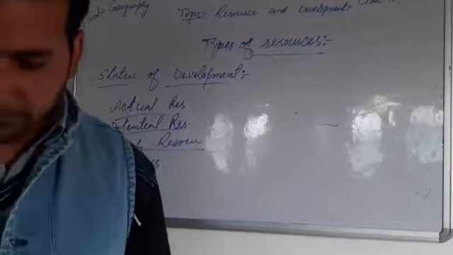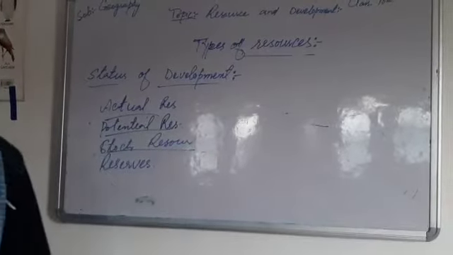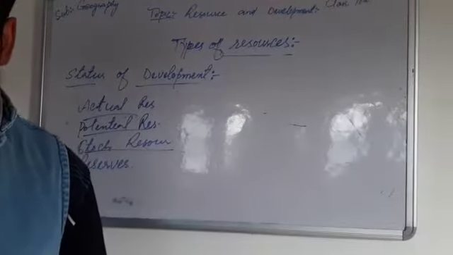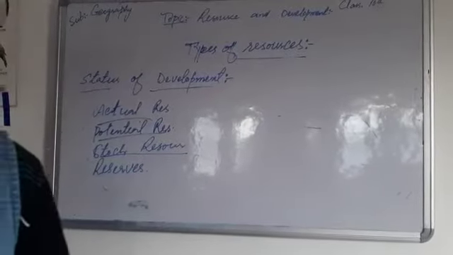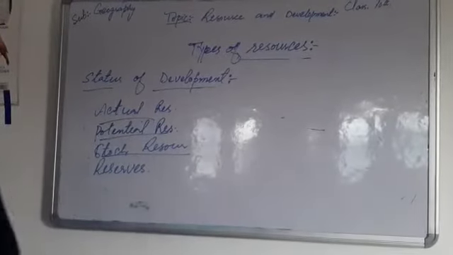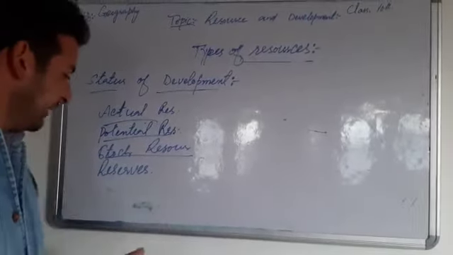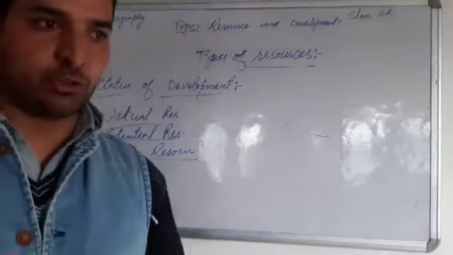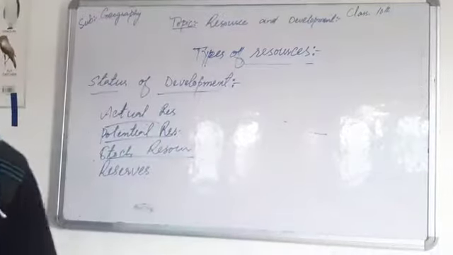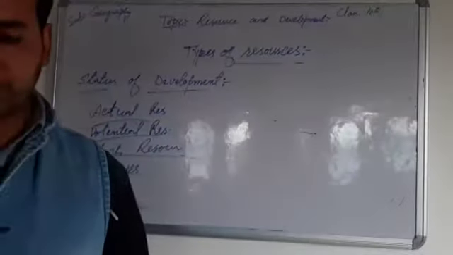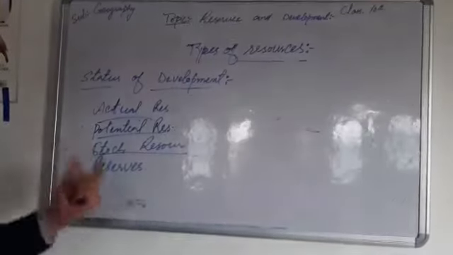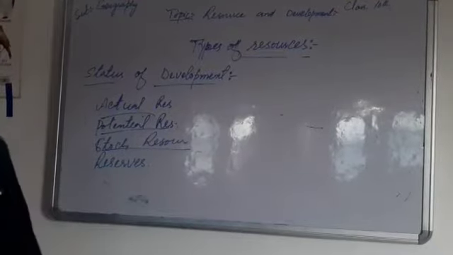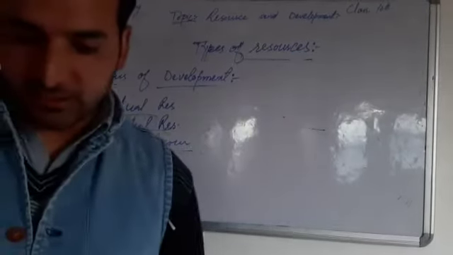Stock resources are materials which have the potential to satisfy human needs, but due to the lack of technology we cannot use them. These are resources we could use to fulfill our needs, but technologically they are not accessible to us, and they are put in the category of stocks.